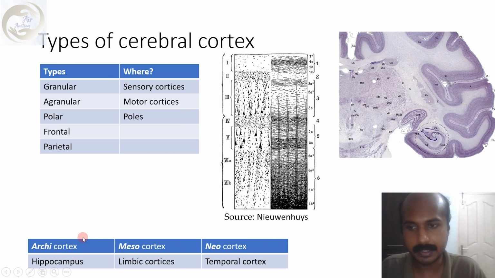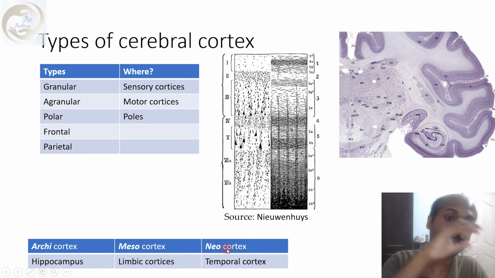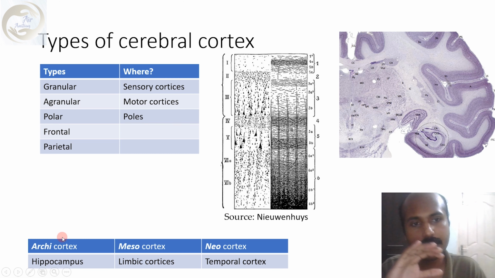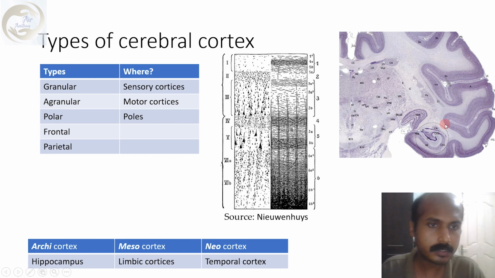That 3-layered hippocampus forms the archicortex. Neocortex is a highly evolved, evolutionarily advanced cortex, but archicortex is an evolutionarily primitive cortex. So the hippocampus and the dentate gyrus are examples of primitive cortices or archicortex. Then you have other cortices which are a transition between the archicortex and the neocortex.